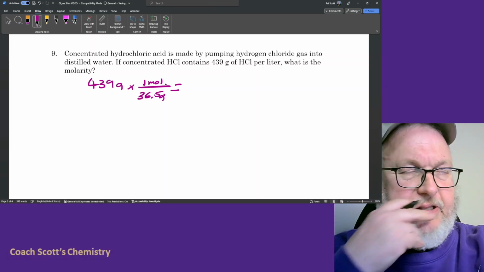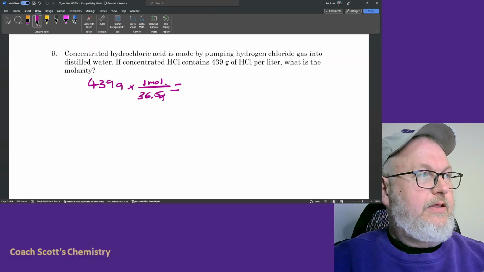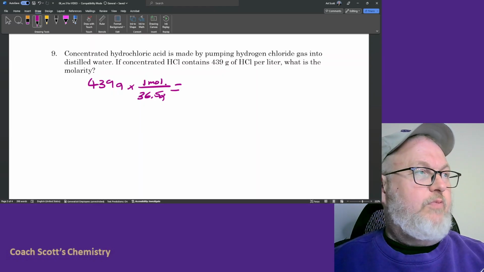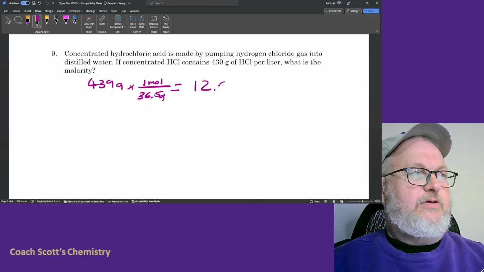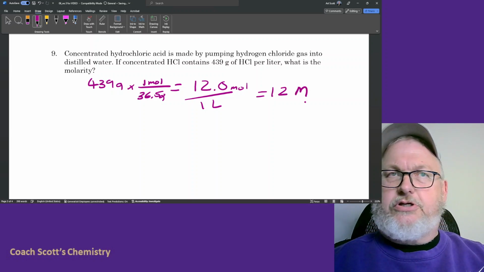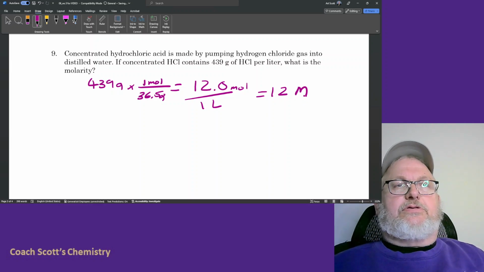Let's see what the molarity is. 439 divided by about 36.5, I get 12.02, or 12 moles, per liter of solution. I'm going to write that down as 12 molar solution. 12 molar of HCl per liter of solution.